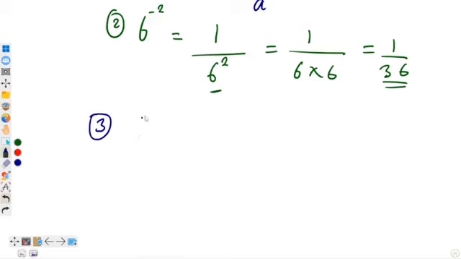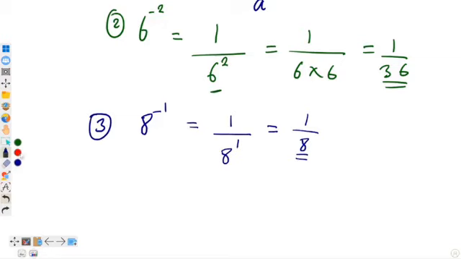So if you have 8 raised to the power of negative 1, okay, since we want to get rid of this negative, we are going to write 1 over 8 raised to the power of 1. So any number raised to the power of 1 will get the same number. So this will be 1 over 8, like this.